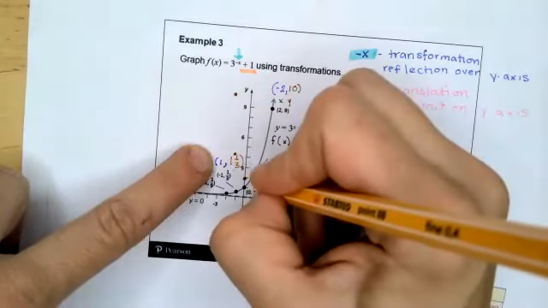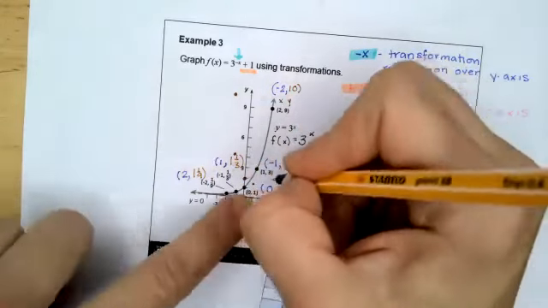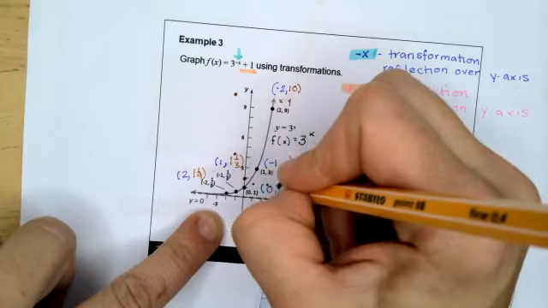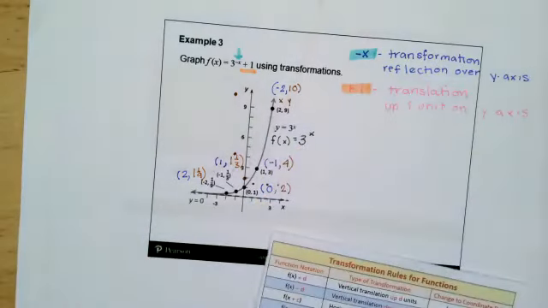And so now, instead of approaching y equals 0, we're approaching y equals 1. So I'm just going to slowly shuffle it out there.